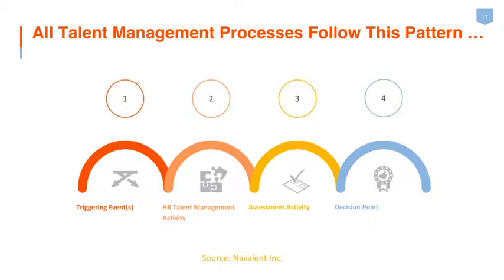The HR activity that's going to occur is setting up interviews, perhaps a revision and a review of the job description. It is counseling with the hiring manager on what success in the position looks like. And ultimately, it leads into assessment activity.